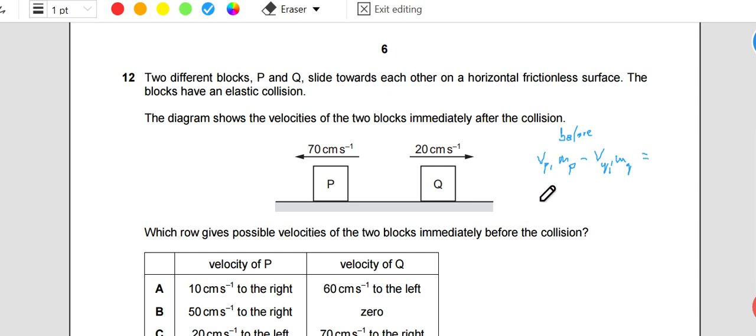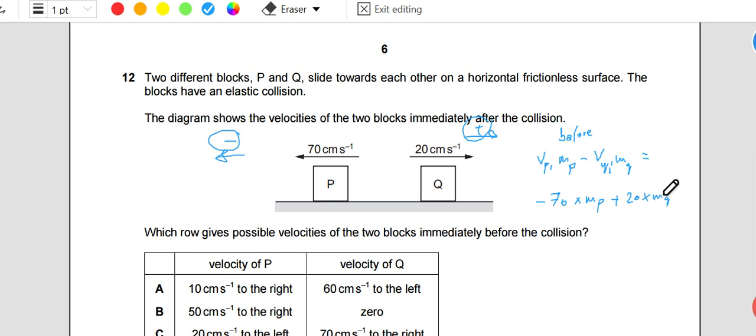This equals minus 70. I choose the left direction to be the negative direction and the right to be positive. 70 minus 70 times MB plus 20 times MQ.